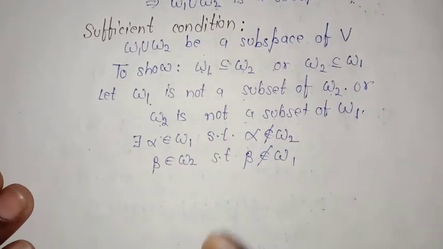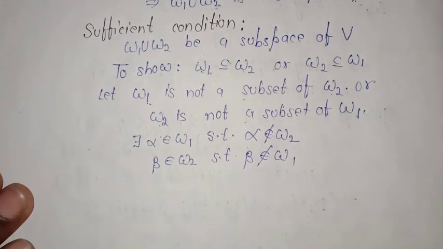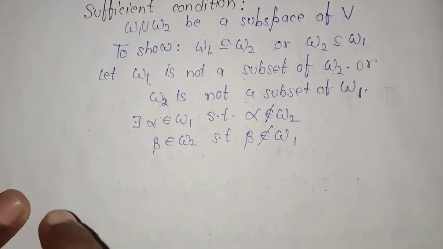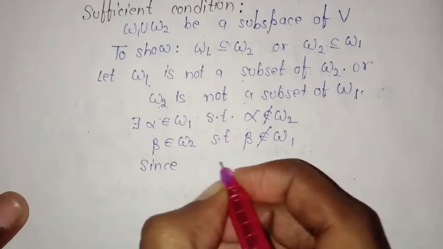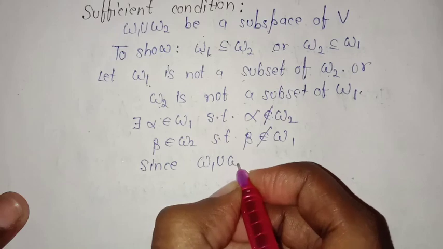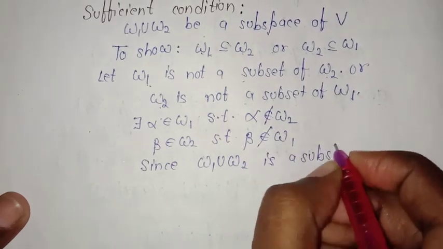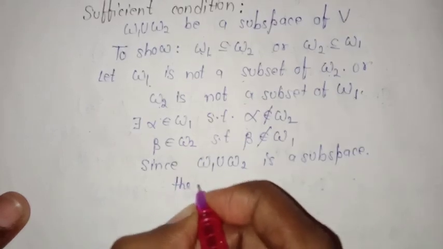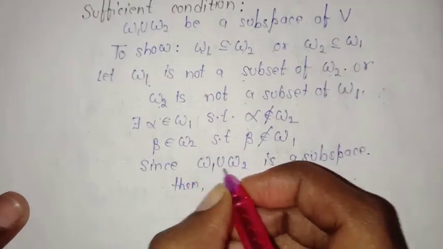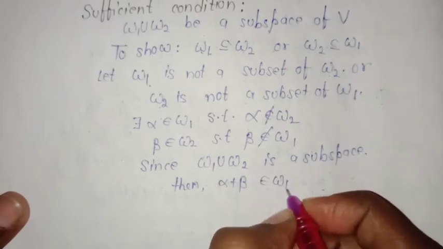Since both of them are not subsets of each other, there must exist elements of such type. And since we have assumed that W1 union W2 is a subspace, the vector addition must hold in W1 union W2. So alpha plus beta must belong to W1 union W2.